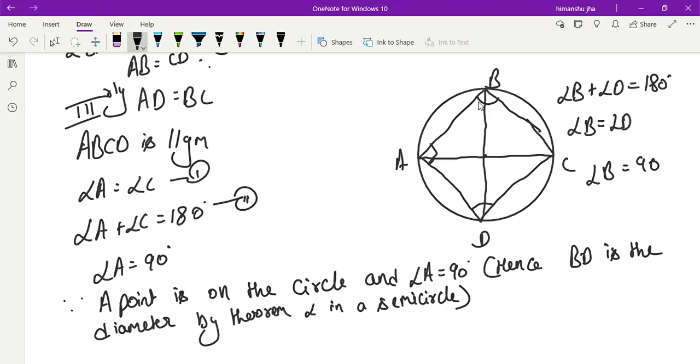If B is 90 degrees, AC is a diameter. So AC and BD both are diameters. Am I correct? Similarly, AC is the diameter.